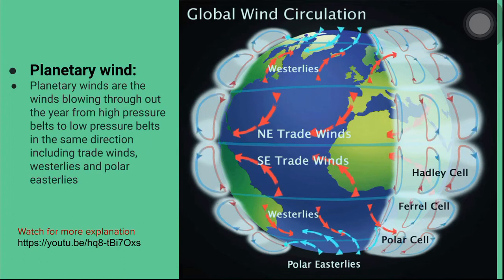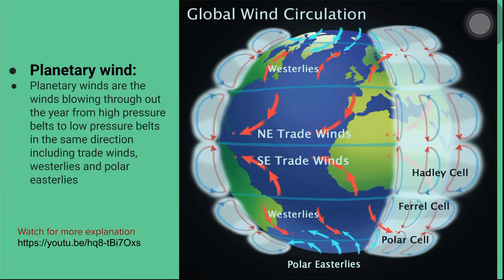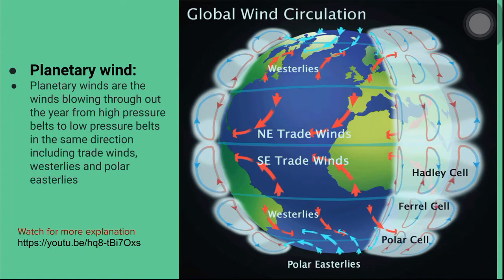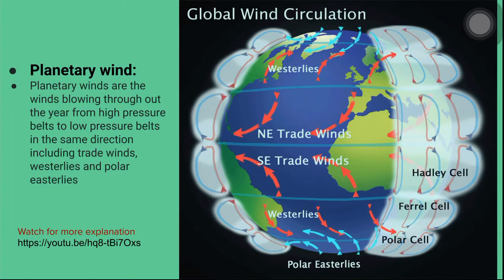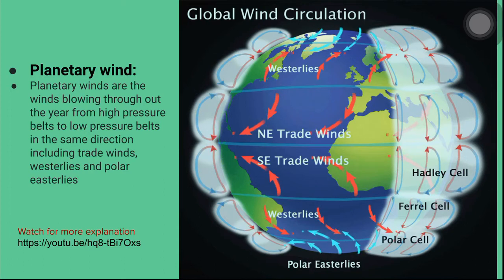At the same time, extremely cold air known as polar easterlies forms at a high pressure belt. So from the poles, the wind is blowing toward the low pressure area. Why is it called easterlies?